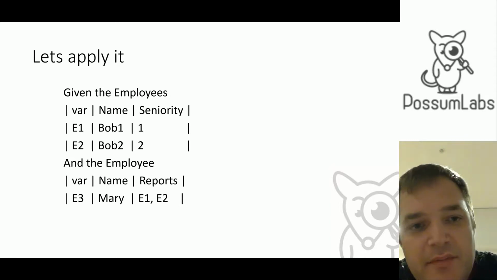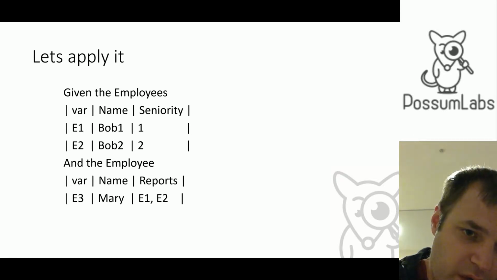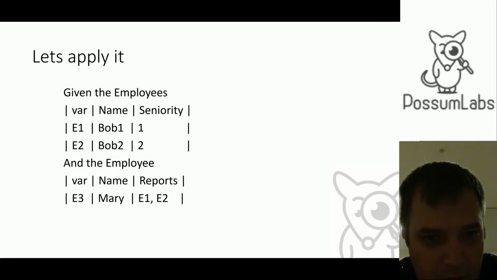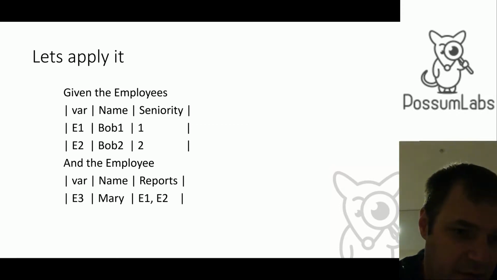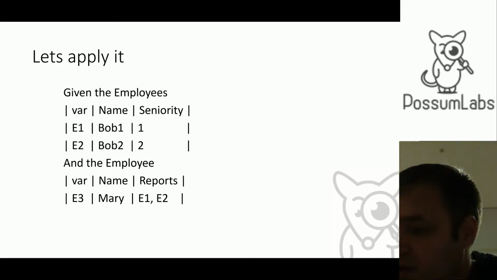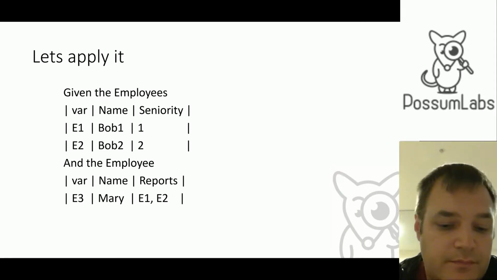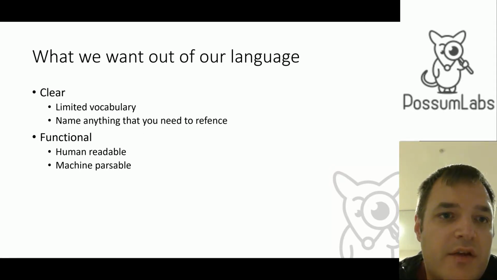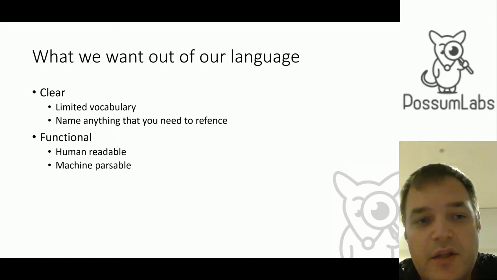And we can do the same thing when it comes to our employees. We can say, given the employees E1 and E2, we call them Bob 1 and Bob 2, and they both report to Mary, right? We have var E3 named Mary, and that one has two reports, E1 and E2. So our goal for our domain-specific language is that it's clear, right?